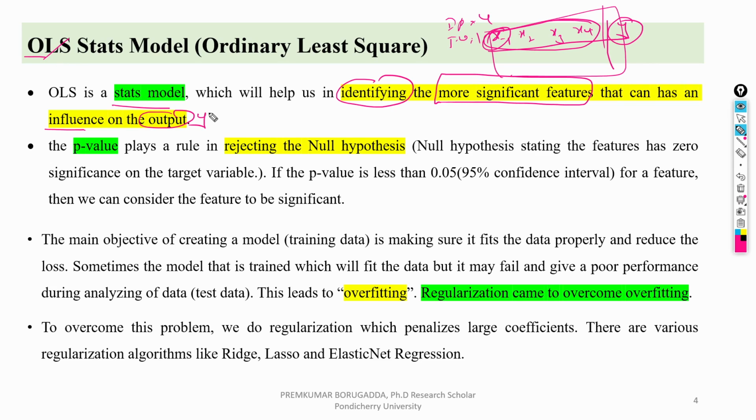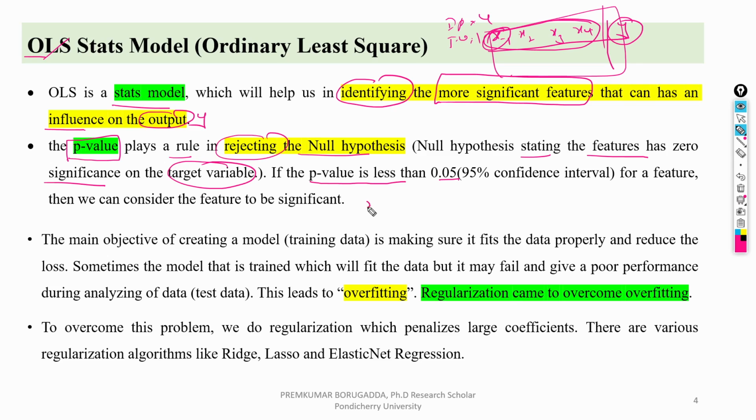For identifying the best input features, we apply the p-value. The p-value plays a key role in rejecting the null hypothesis. The null hypothesis states that the feature has zero significance on the target variable, so the feature does not make much impact on the target variable. We reject the null hypothesis if the p-value is less than 0.05.